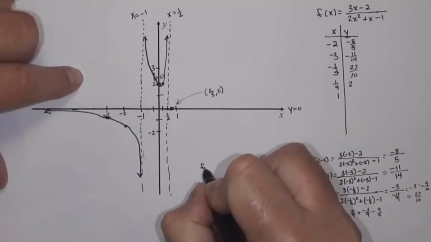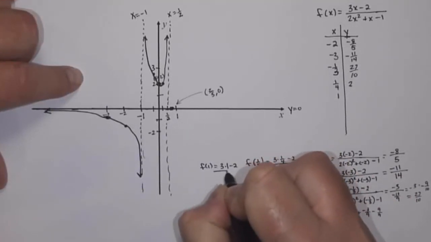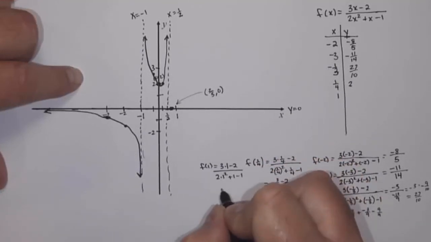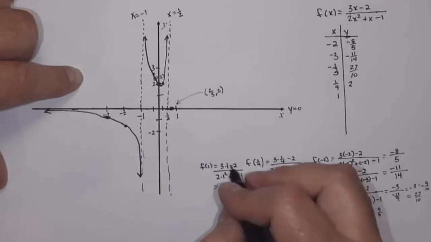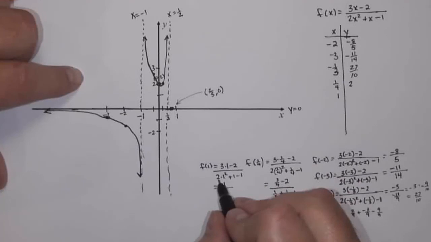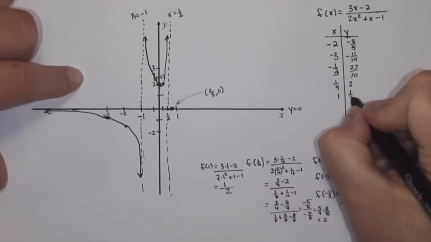So if I find f of 1, that's going to be 3 times 1 minus 2 over 2 times 1 squared plus 1 minus 1. 3 times 1 is 3, minus 2 is 1. 1 squared is 1, times 2 is 2, plus 1 is 3, minus 1 is 2. So at 1 I get 1/2.